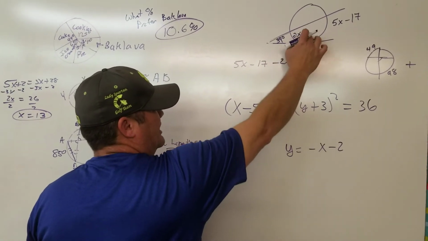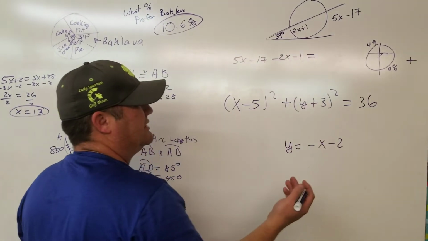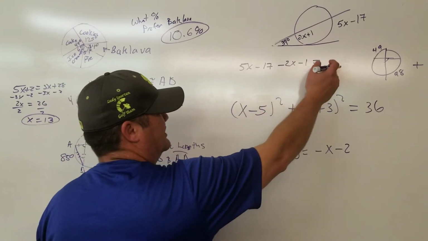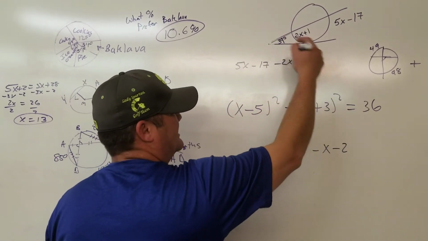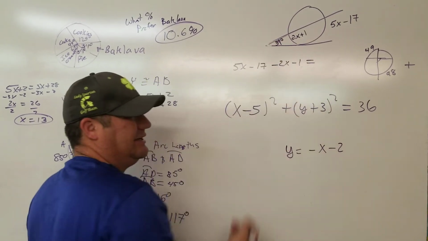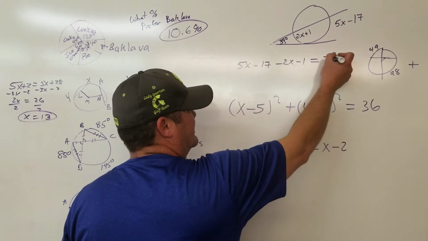Notice I have to distribute the negative through both of those. Okay, this equals, so half of this equals this angle. So therefore twice is what I have to remember to do that angle. So this is going to be 39 doubled, which is 78.